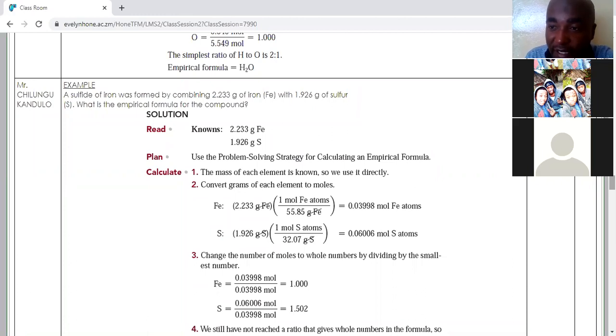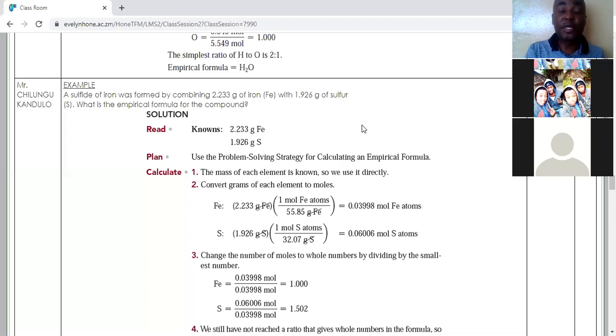Because it's iron sulfide. If you've been given, say, iron sulfide is formed by using 40% iron, it means the other one, the sulfur, you just subtract 100 minus 40. Percentages should add up to 100.